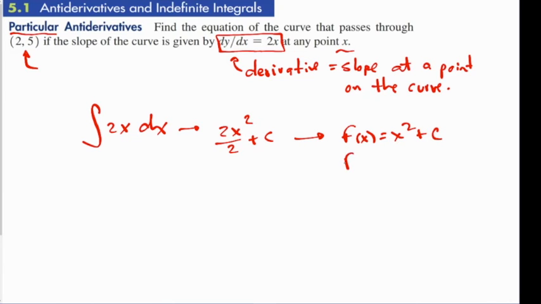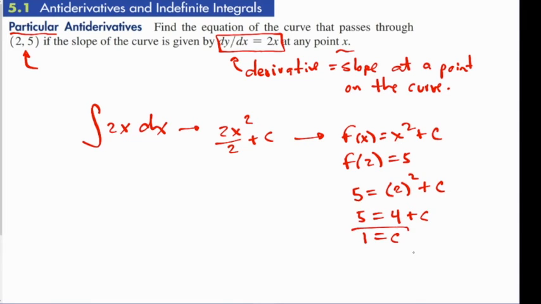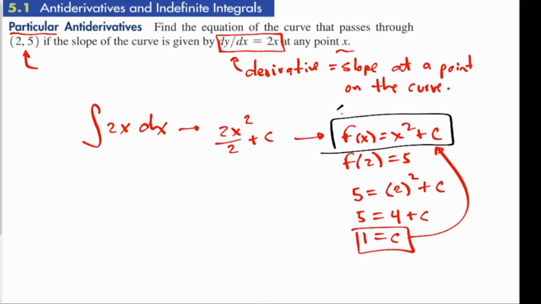And we're saying that f of 2 is equal to 5. So 5 is equal to 2 squared plus c. 5 is equal to 4 plus c. 1 is equal to c. And if we plug that back into here, we now have the particular solution. This is the general solution because c is unknown.